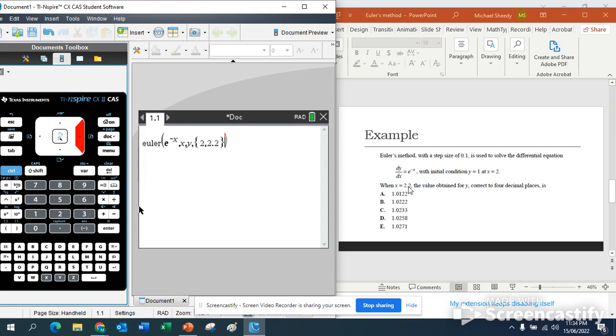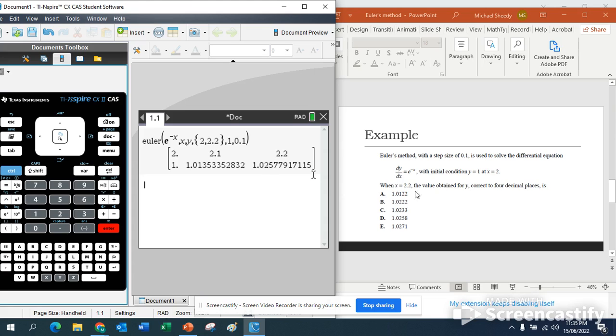Outside of the braces, we do comma, the initial condition for y, which is 1, comma, and followed by the step size, so 0.1. Okay, so that's here on the left side of the screen, how we would input that into a CAS calculator. We press enter, and we have the corresponding values on the screen.